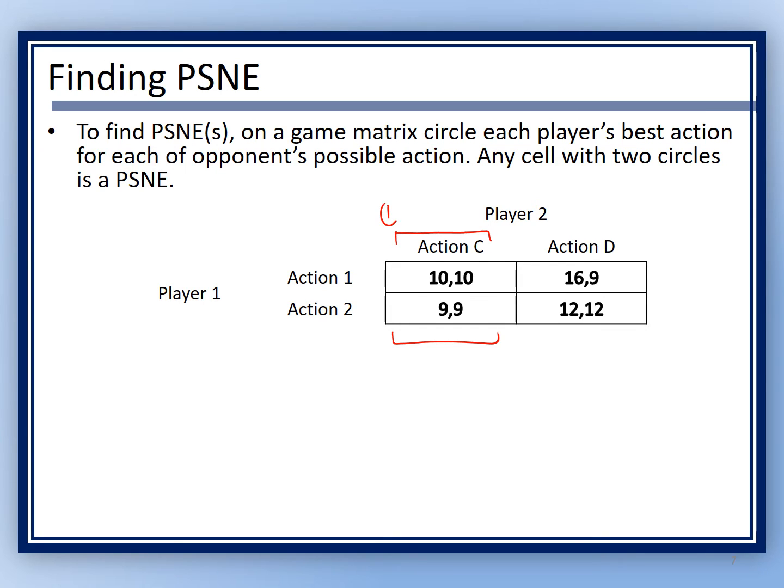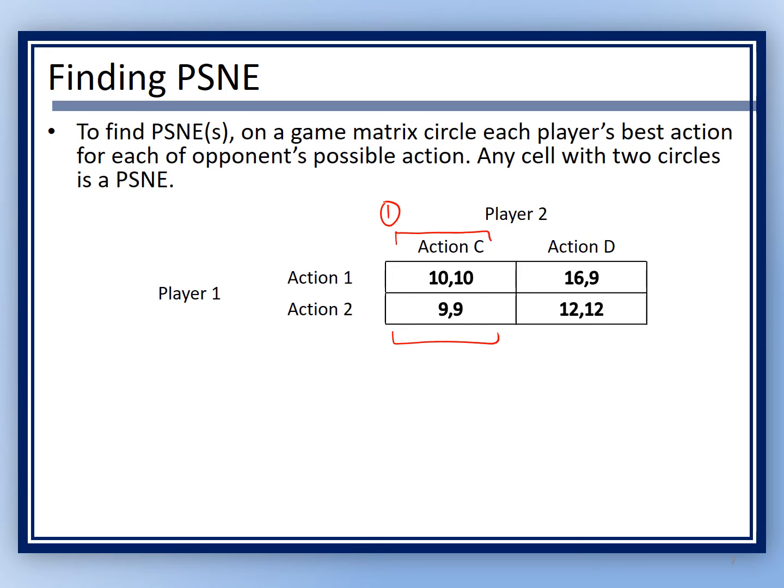If player 2 chooses action C, and if player 1 chooses action 1, we will be in the top left cell, right? Player 1 chooses action 1, player 2 chooses action C. We're going to be in the top left cell. Player 1 is going to get 10 in payoff.